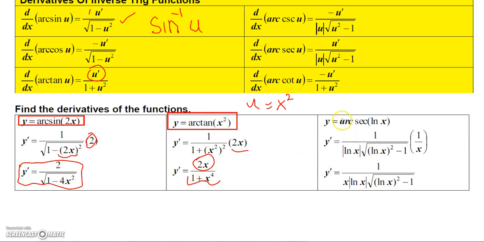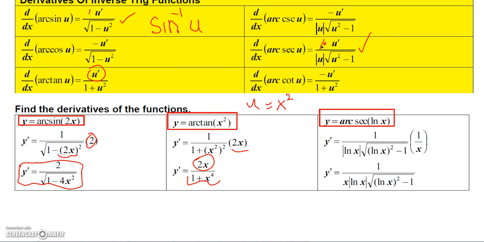Okay, now the next one here is actually an arcsecant function. So I have y equals the arcsecant of natural log of x. So let me find that one. That would be right here. Now, this one, I actually am going to use the concept of 1 over all of this times u prime this time.